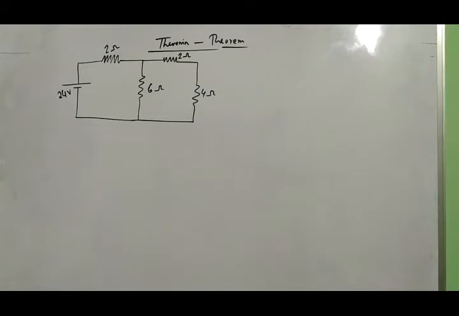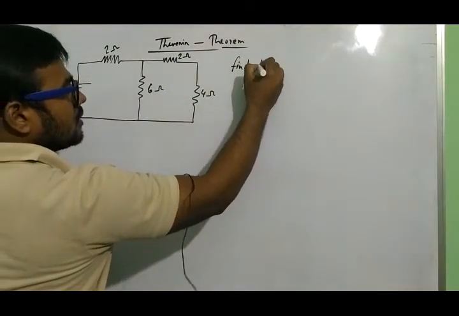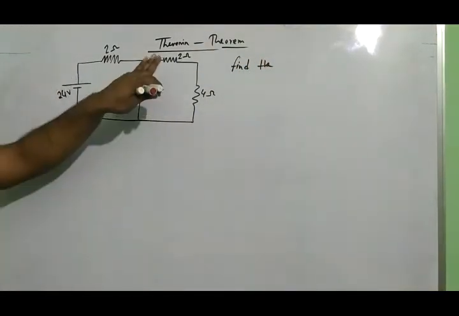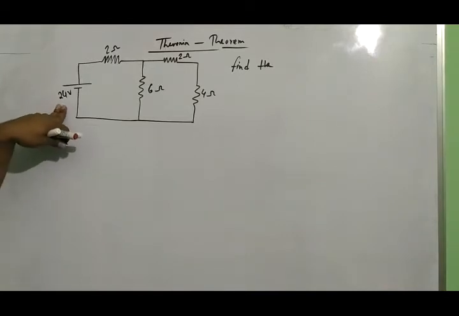So the question is that to find the... Thevenin theorem is applicable only for any active network. So what is active network? Those networks which have minimum one source, that is called active network.